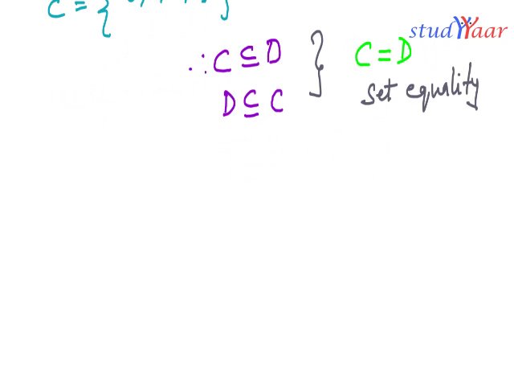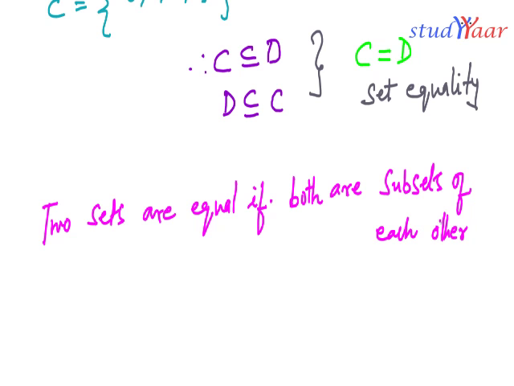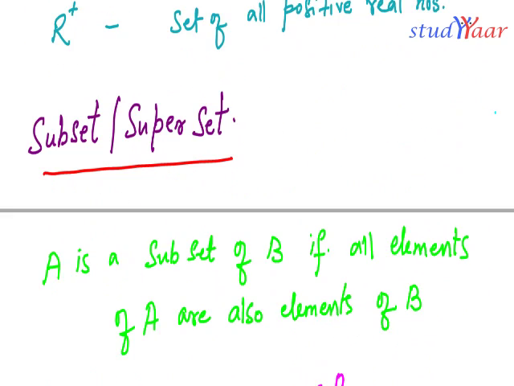So if I have to define set equality, it is going to be: two sets are equal if both are subsets of each other. So that was about subsets and set equality.